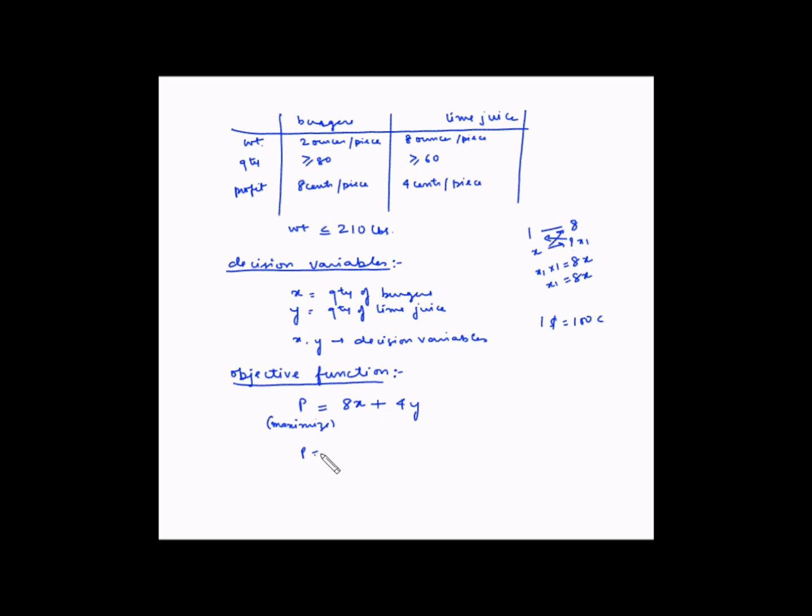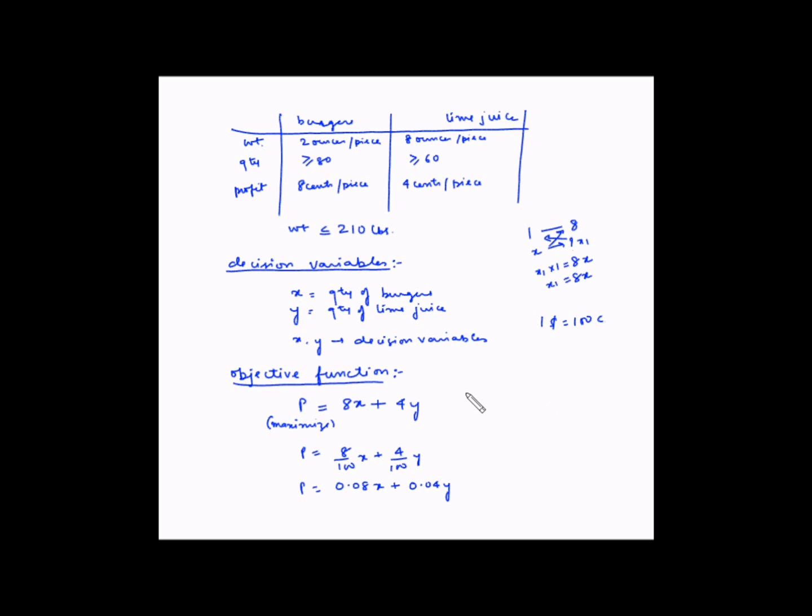So P is equal to 8 divided by 100 times x plus 4 divided by 100 times y, or P is equal to 0.08x plus 0.04y. So this is our objective function in terms of dollars.